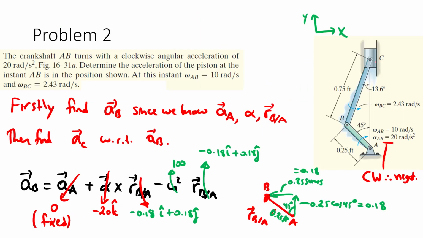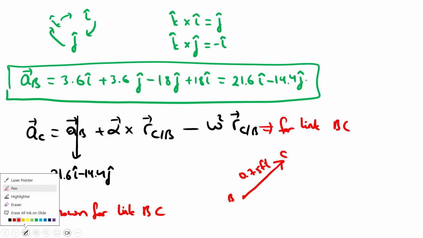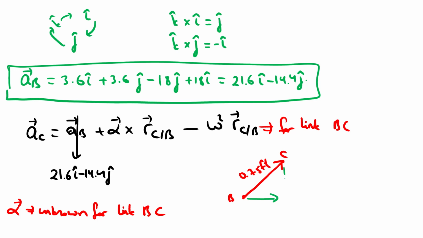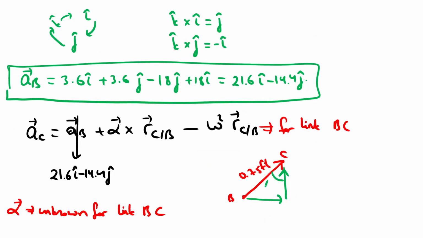And then r of CB, that is r of C with respect to B. Let's do that now. C and then B, and this one is 0.75 feet. Again, it will have two components, one this way and the other that way. The angle is given as 13.6 degrees.